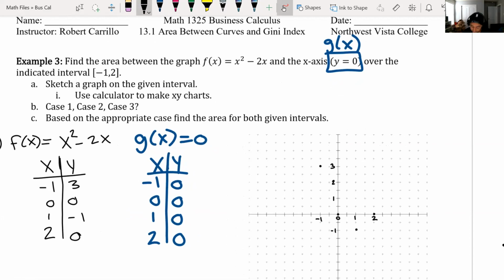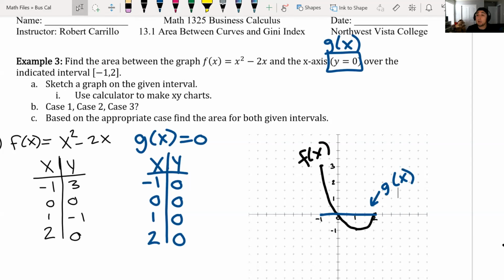So here is f of x. Okay, let's graph g of x. -1, 0, 0, 0, 1, 0, 2, 0. This means that we are just like that. And there's g of x.